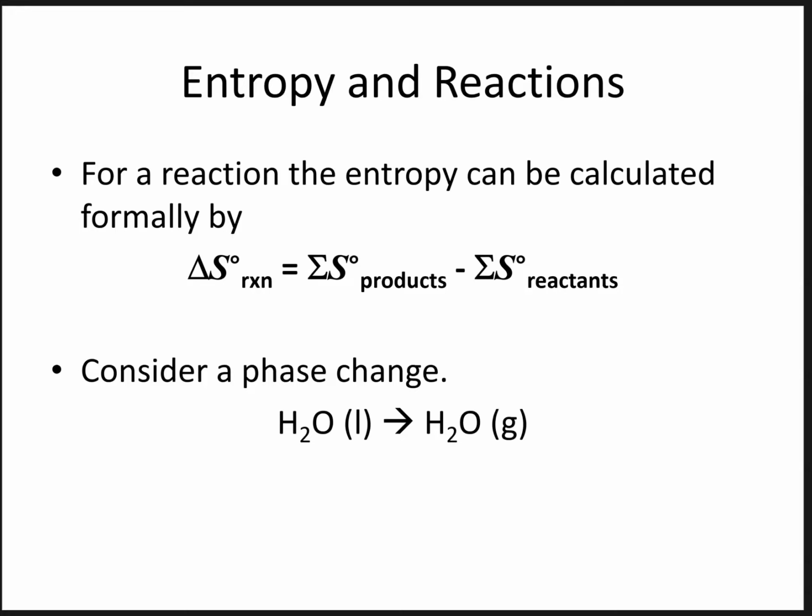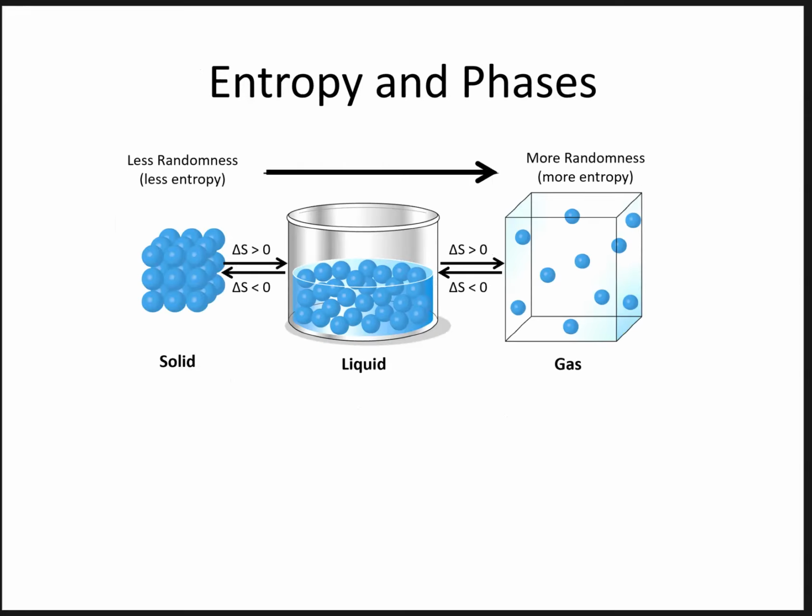So let's just consider a simple phase change here. What can we gather from this? Well, before doing any sort of calculation, we can see that going from water in the form of ice to liquid would result in an increase in entropy, just because the molecules are spreading out during the course of the ice melting.